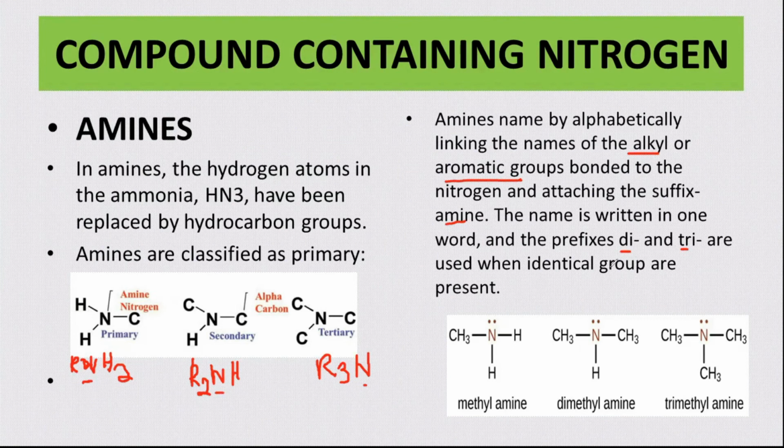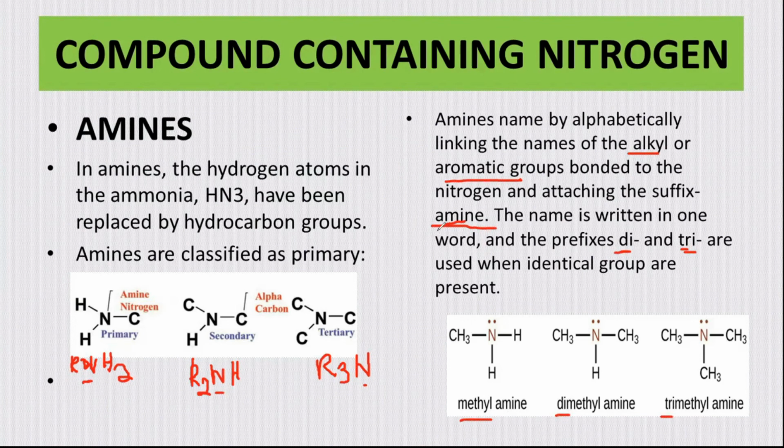Just write, for example, methyl. Since one lang, hindi na natin sinusulat as mono. Just write methyl and the suffix amine, methylamine. If two, we use di. And of course, if three, we use the prefix tri. Dimethyl, trimethyl, and the suffix amine.